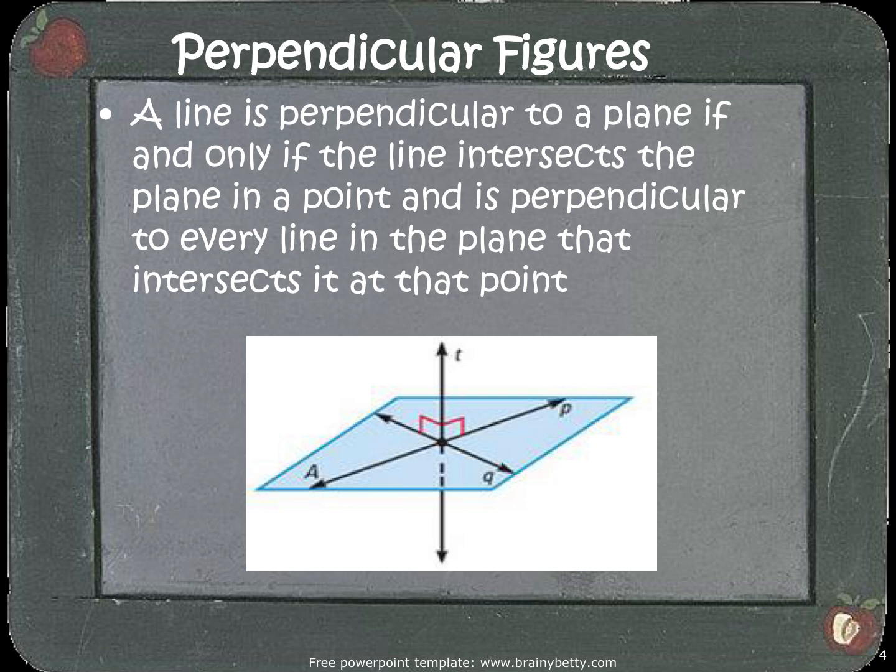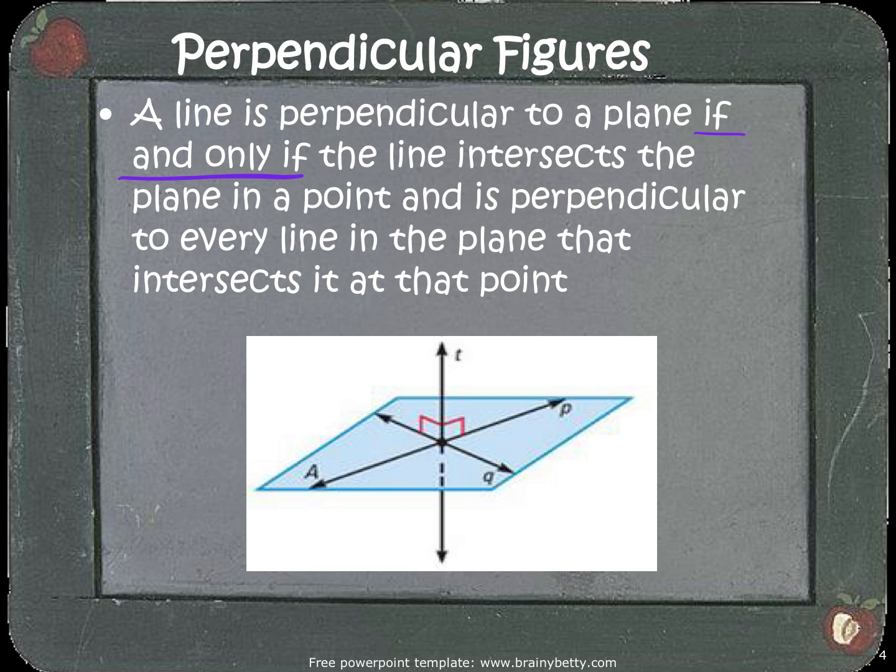So perpendicular figures, here what it's talking about: a line is perpendicular to a plane if and only if, oh look at this, if and only if, this is a biconditional, the line intersects the plane in a point and is perpendicular to every line in the plane that intersects it at that point.